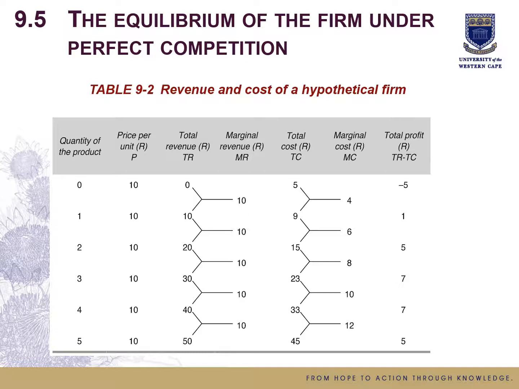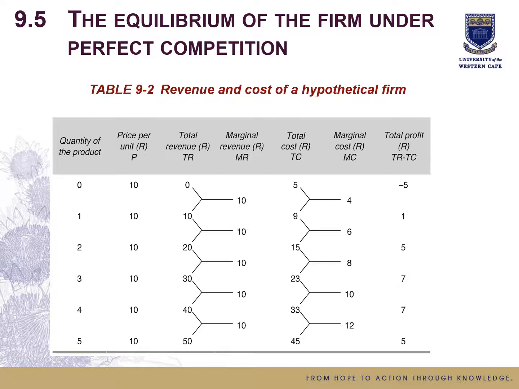The table shows that the firm can choose to produce up to 5 units of the product. And since the market price is 10 Rand, the maximum revenue the firm can obtain, which is price times quantity, is 50 Rand. The marginal revenue of producing one extra unit is 10 Rand, which is equal to the price for our perfectly competitive market, as shown in column 4.